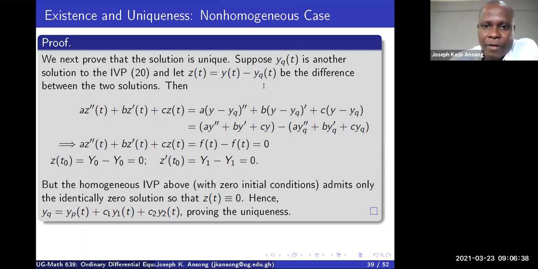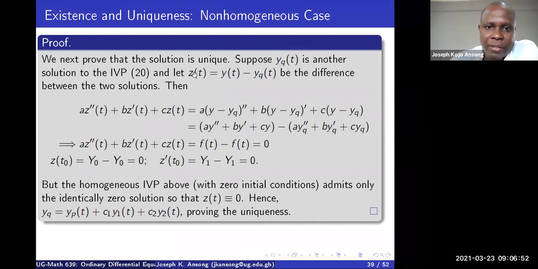Now, if you plug this into the second order equation, we get az'' plus bz' plus cz. Z here is the difference between the two solutions, so wherever I see z, I can plug in the difference. Then differentiate each of them and group the terms, and you get these two expressions here.